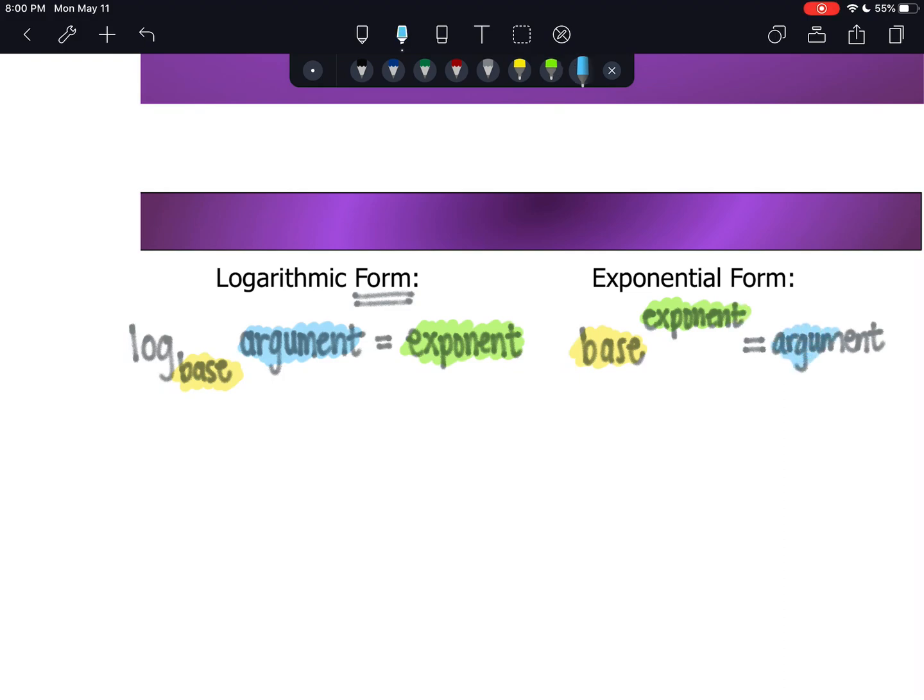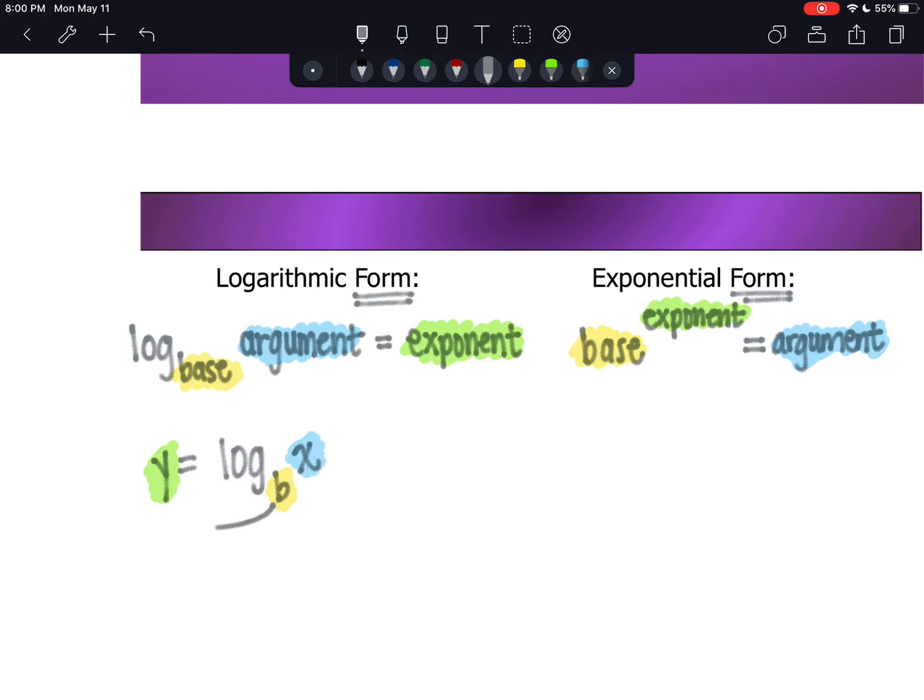So we can take any exponential form, rewrite it in logarithmic form, and vice versa. We can take anything in logarithmic form and rewrite it in exponential form. So if I have y equals log base b of x, b is the base. You're going to take the base and raise it to an exponent, and that's going to equal your argument.